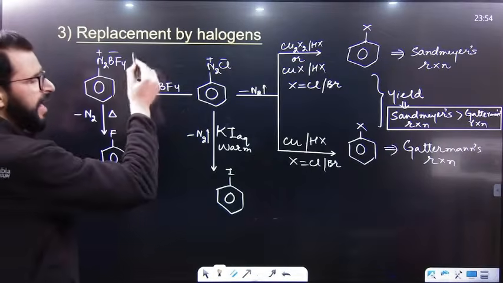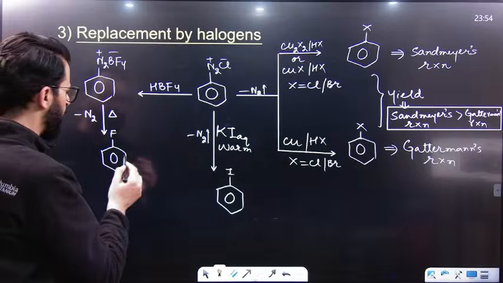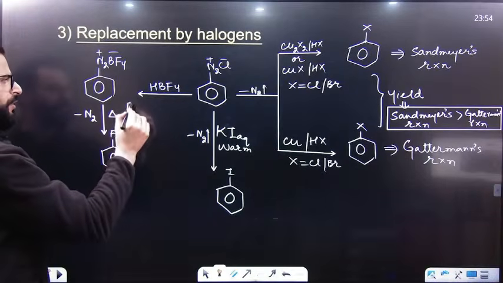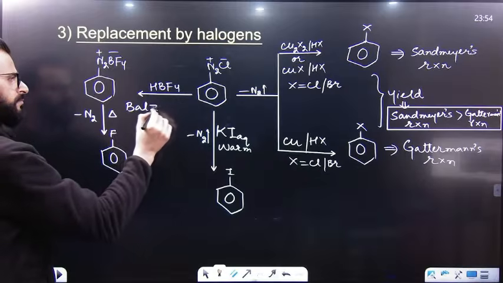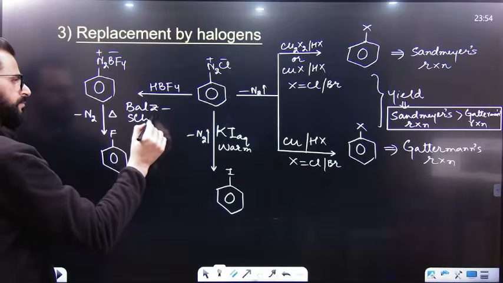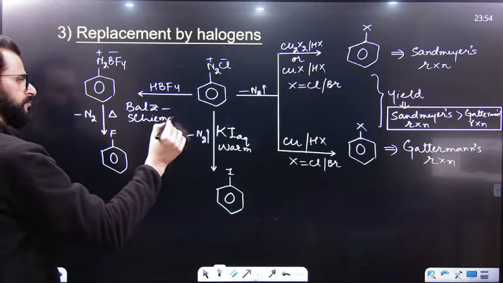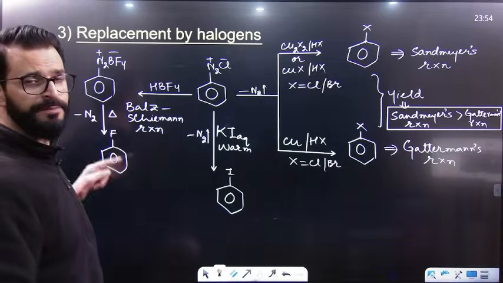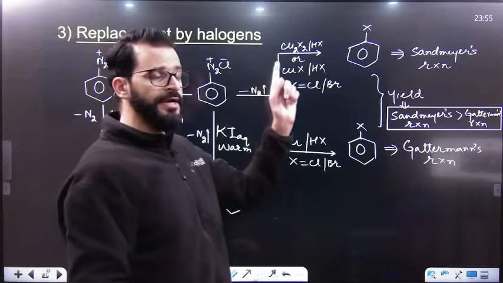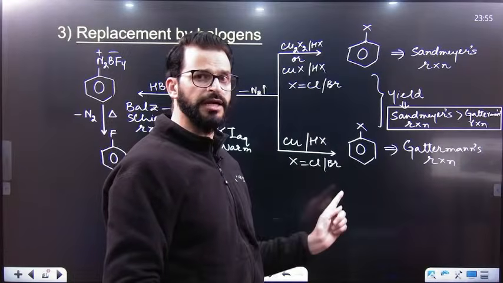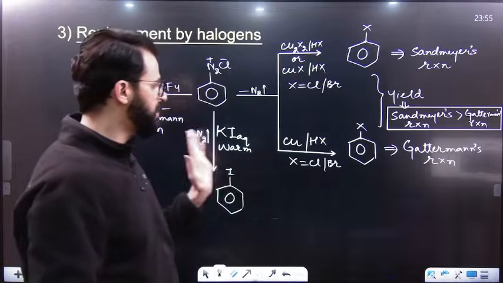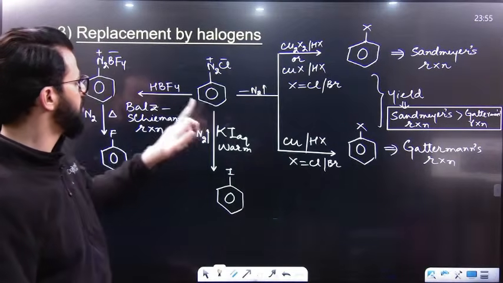That means this N2 is replaced by fluorine. That reaction with the help of which N2 is replaced by fluorine is known as Balz-Schiemann reaction. So in Balz-Schiemann reaction, the end product is fluorobenzene, and in Sandmeyer or Gattermann reaction, the end product is chlorobenzene or bromobenzene. I hope this is clear to you, but remember reagents as well.